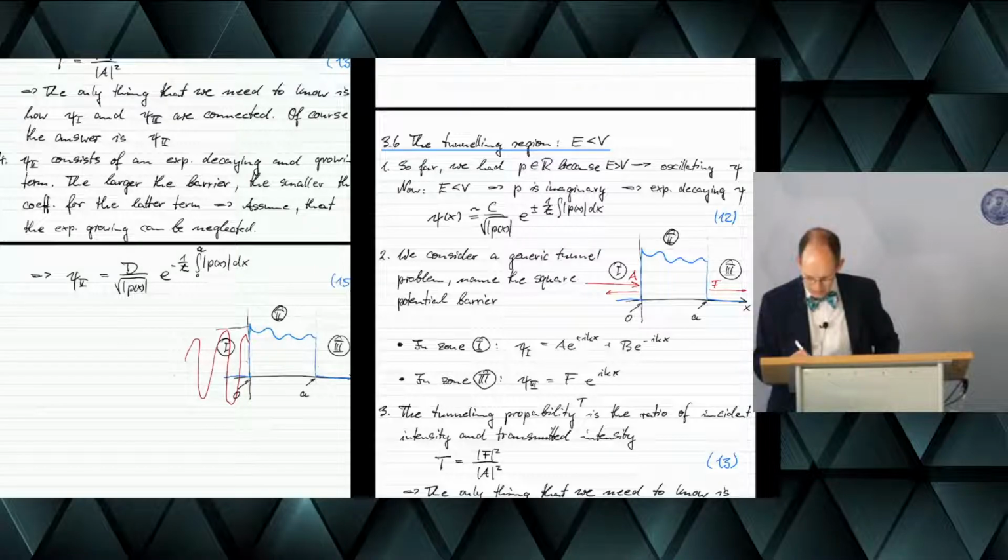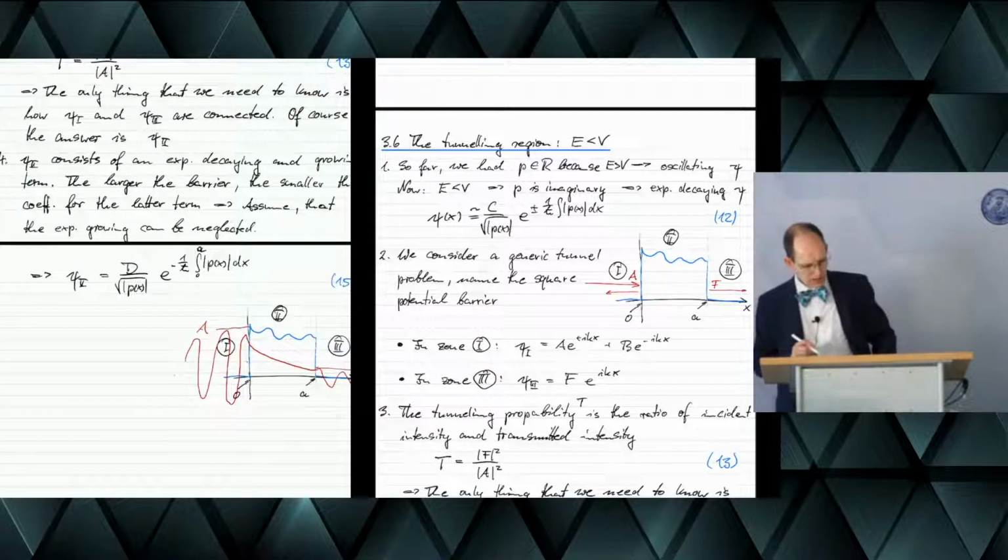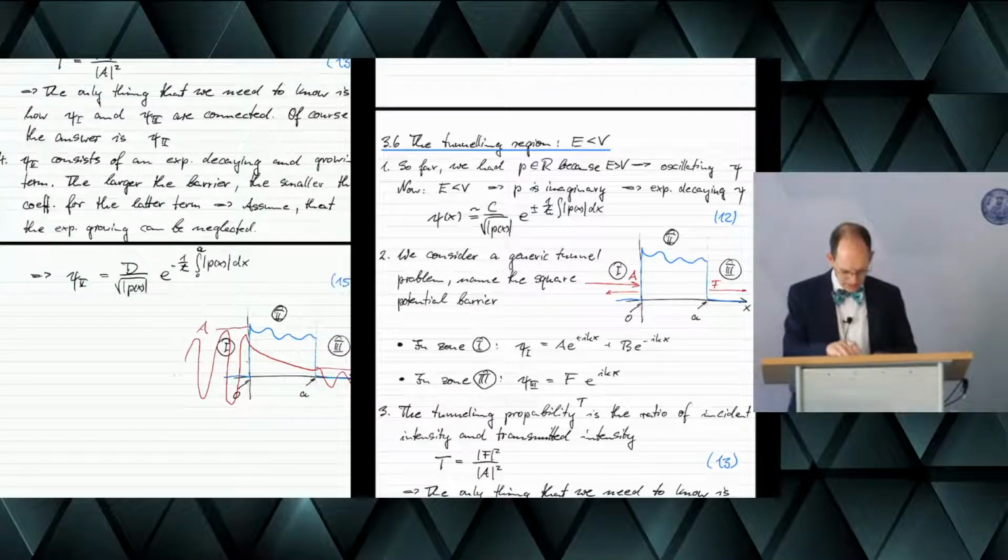This here would be the amplitude A. Then we have something that comes out here, and in between it decays like that. So this here would be F, this amplitude. So this is how it should look.